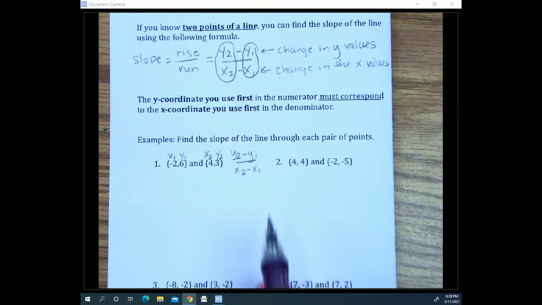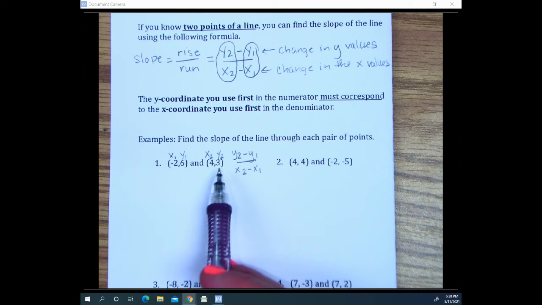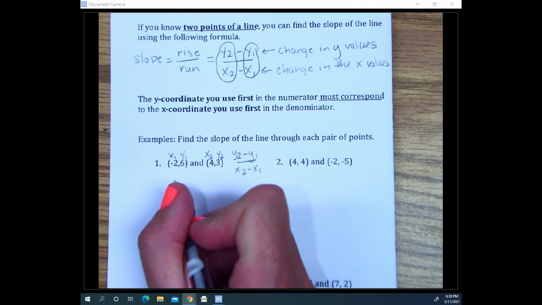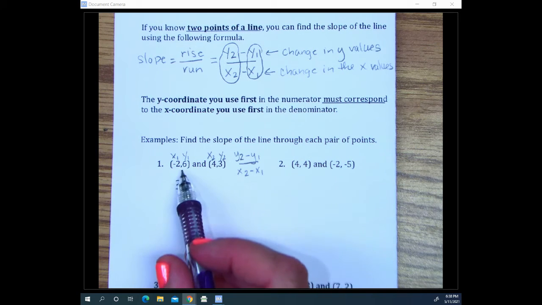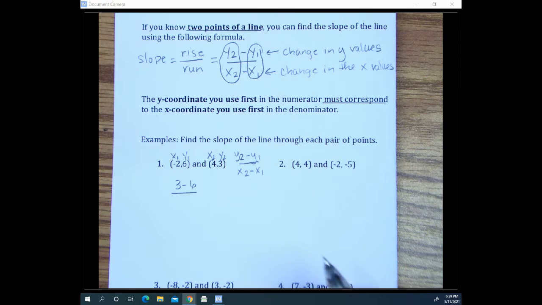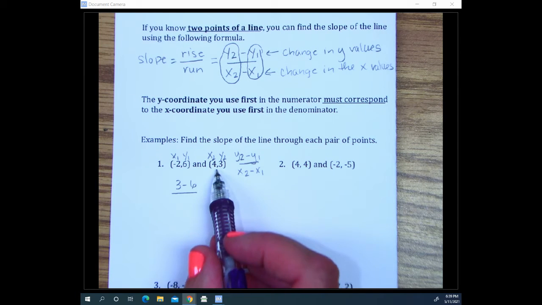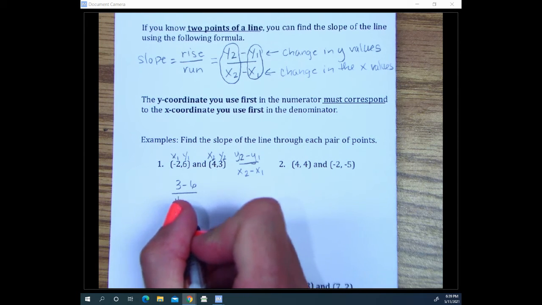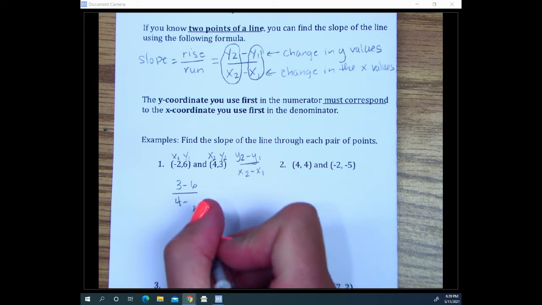And now we can just plug these into our equation. So we're going to take y2, which is 3, minus y1, which is 6, divided by x2, which is 4, minus x1, which is -2.